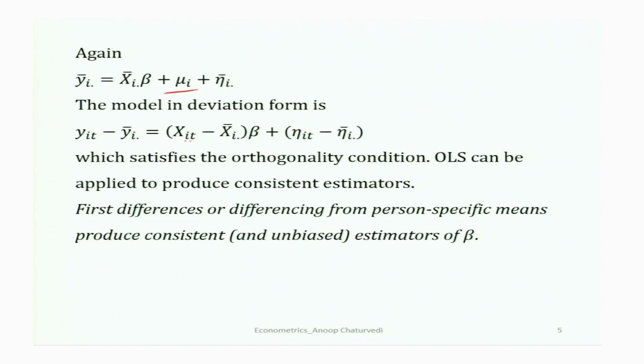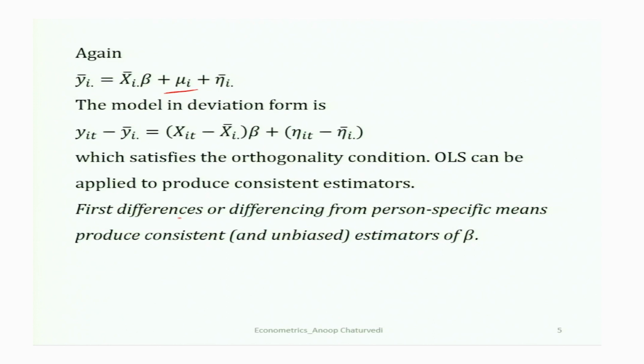Now, this model satisfies the orthogonality condition. So, x it minus x bar i dot are uncorrelated with eta it minus eta bar i dot. So, you can apply the OLS for obtaining consistent estimators of beta.